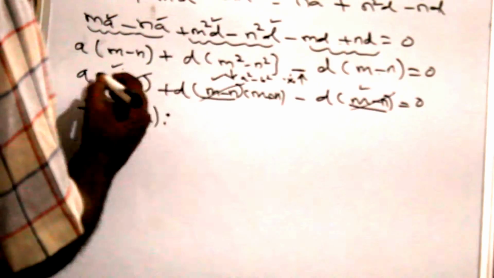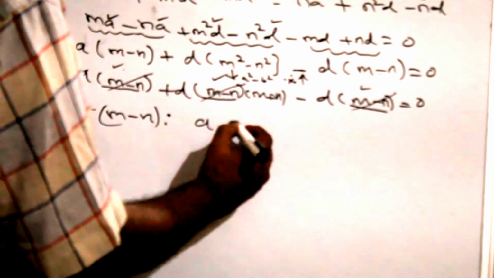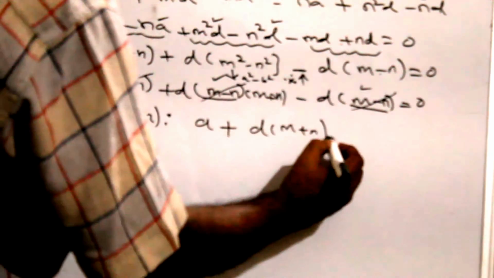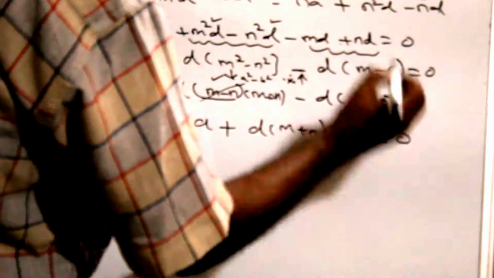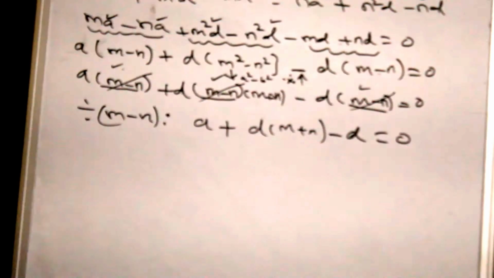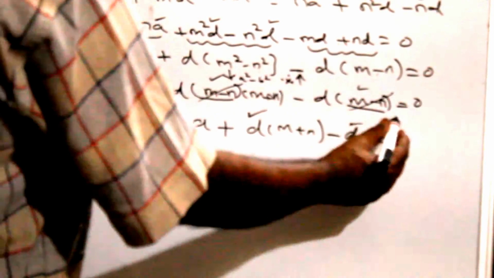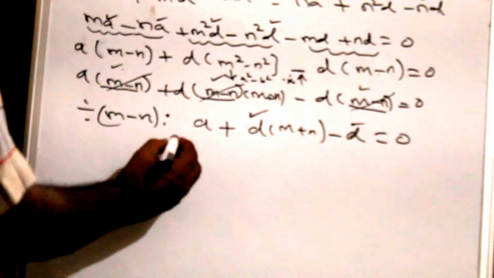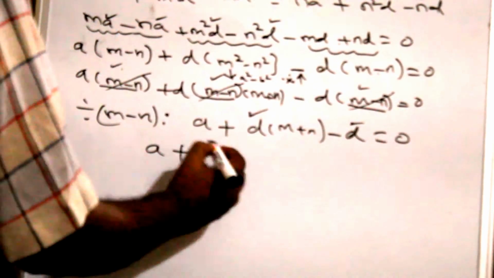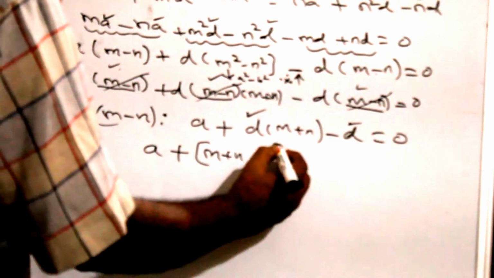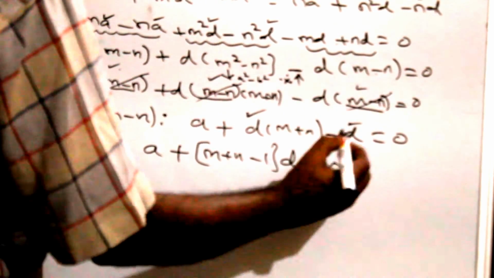Dividing by m minus n, you get a plus d into m plus n minus d equal to 0. Now again d is common. So when d is common, you get a plus m plus n minus 1 into d equal to 0.